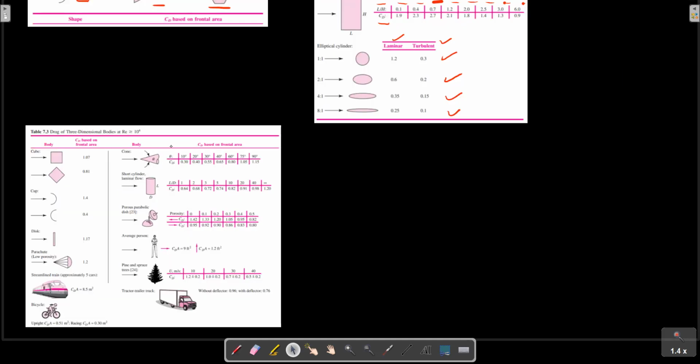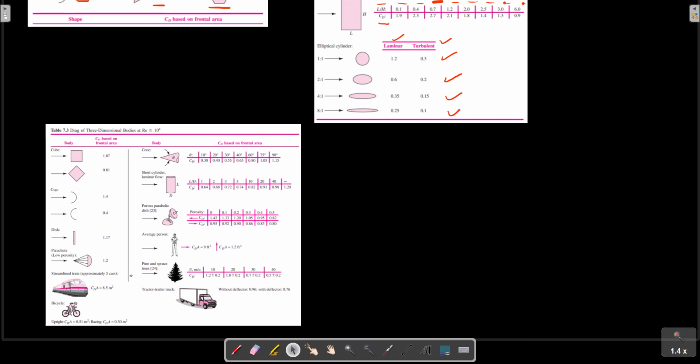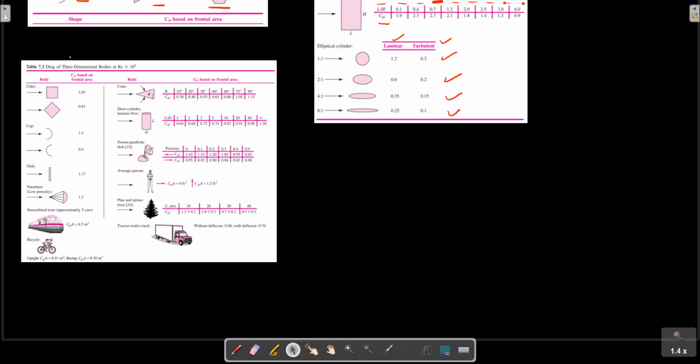Some drag coefficients of three-dimensional bodies are listed also in this table. Again, we can conclude that the sharp edge always causes flow separation and high drag that is insensitive to Reynolds number. For the 3D shape, we have various data in this table, also available in the reference.